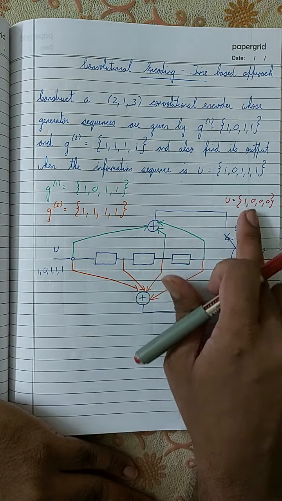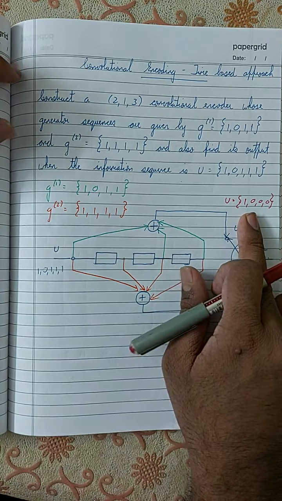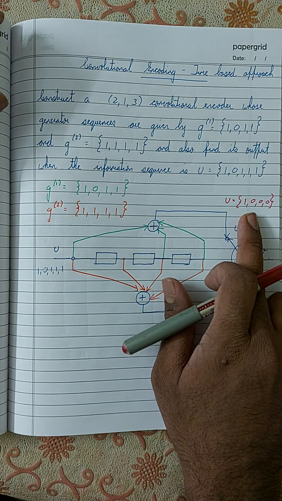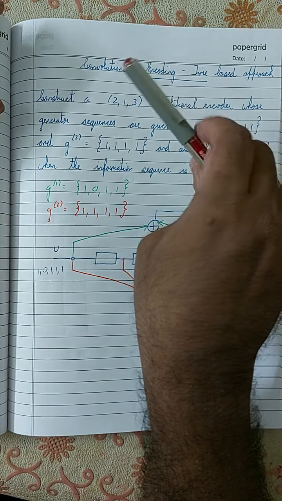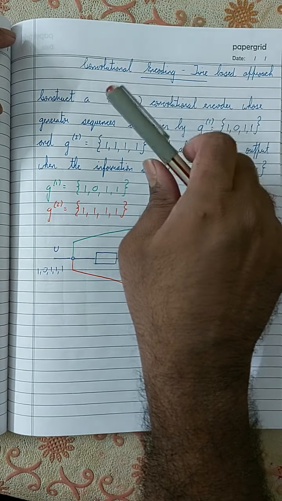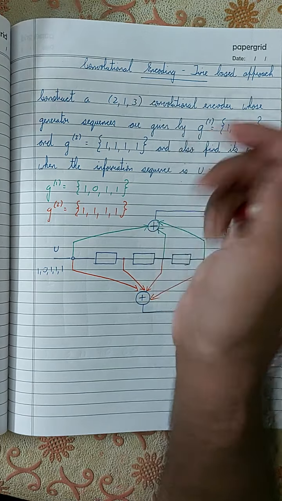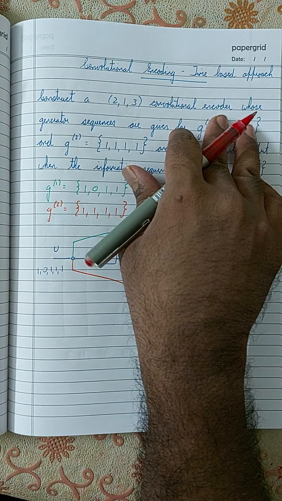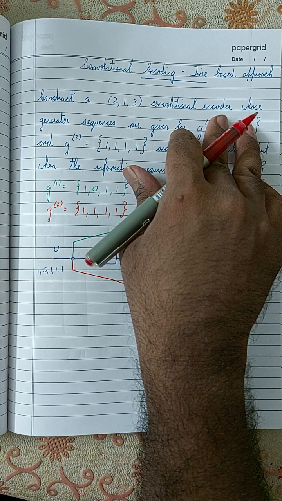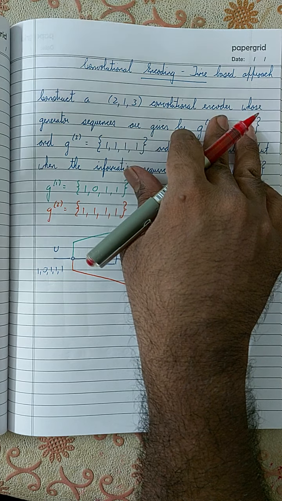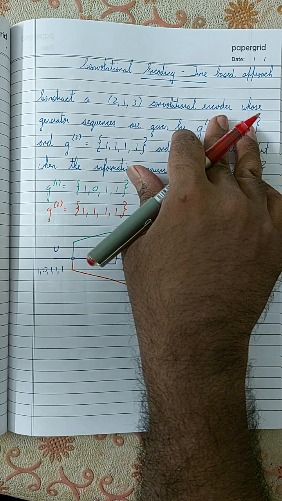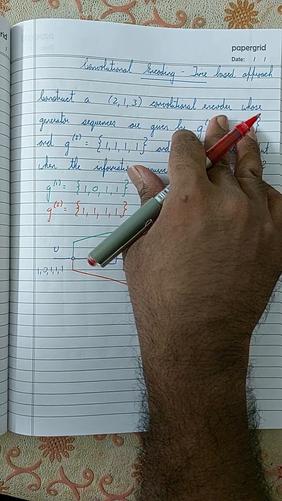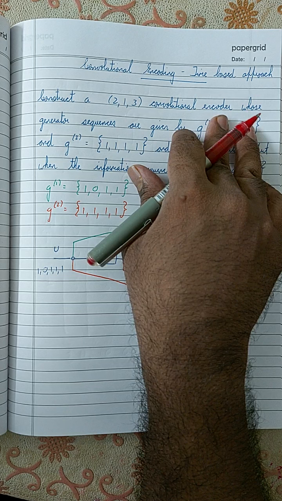If you really understood this, you'll see you have already learned in your signals and systems class that there is something called the impulse response. What is the impulse response? An impulse signal means you are applying an infinite amplitude at t equal to 0, and for the remaining time values the value of the signal is 0.